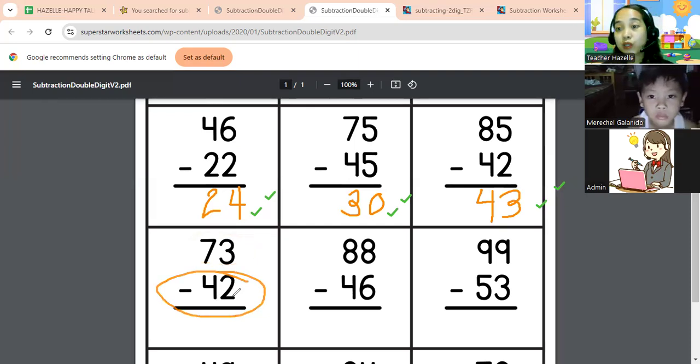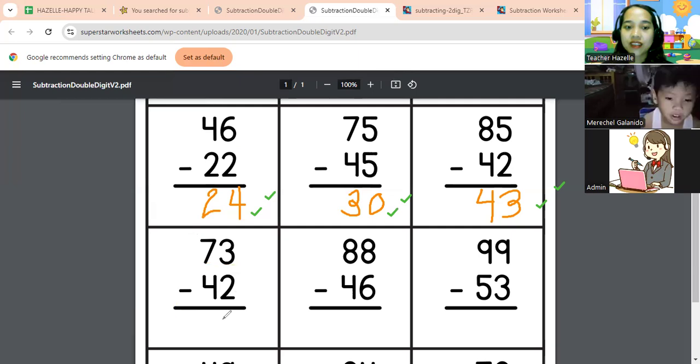Okay, 3 minus 2 equals? You can do it. 1. Very good. And then 7 minus 4 is?